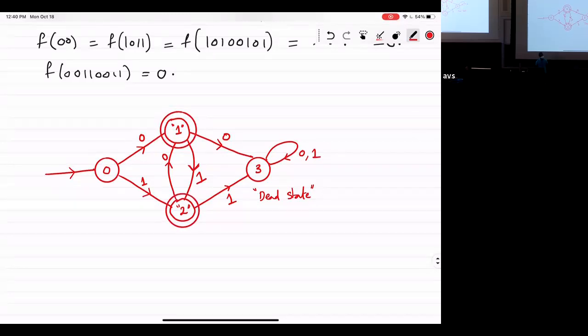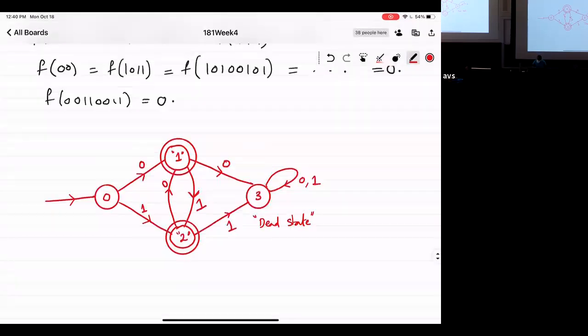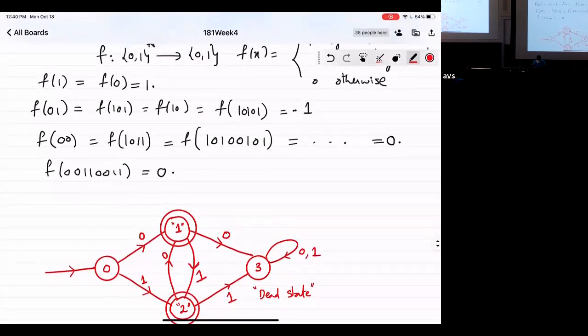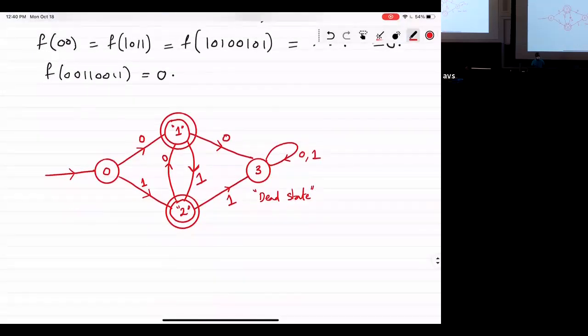Now we have an automaton which satisfies all of these properties. Whenever you see an alternating string, you stay within here. But if I see two consecutive bits which are the same, then I jump to a dead state and stay dead.